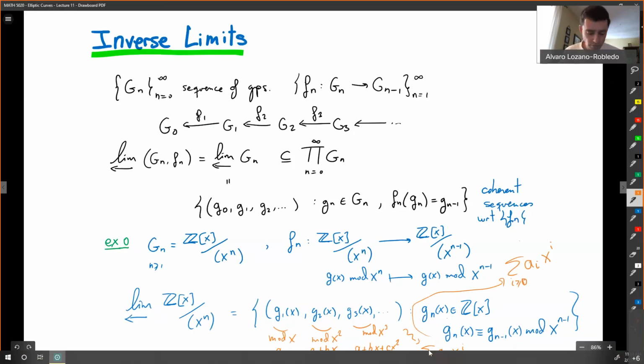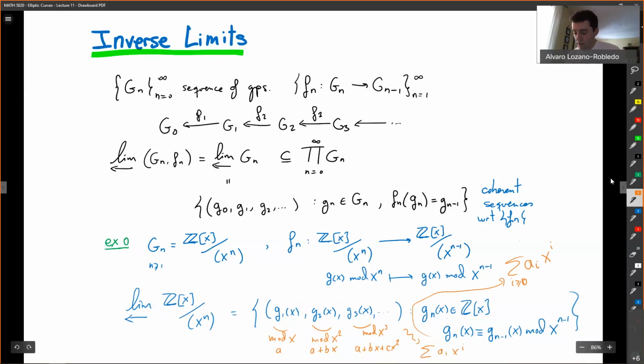Okay. So basically what this construction is just defining power series in a slightly bizarre way, but it's just a power series with integer coefficients. Okay.